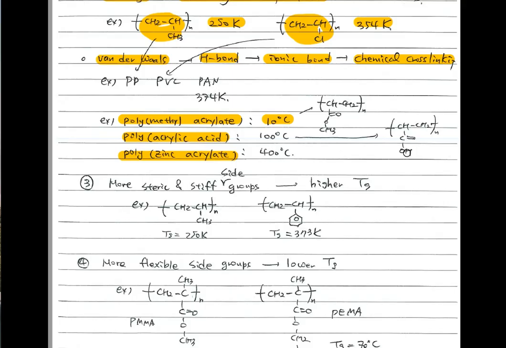If you look at the chemical structure, there is an OH group and a CO group here, so there's a higher possibility of hydrogen bonding with each other. That's why polyacrylic acid has a much higher Tg of 100 degrees C compared to polymethyl acrylate, which has no OH group. Polyzinc acrylate is basically an ionic compound, and we already know that ionic compounds have much larger molecular interactions with each other. That's why polyzinc acrylate has a much higher Tg of 400 degrees C.